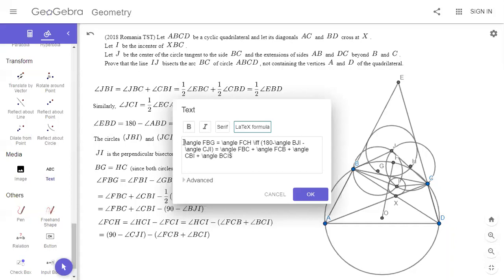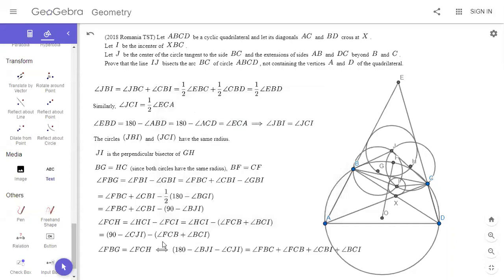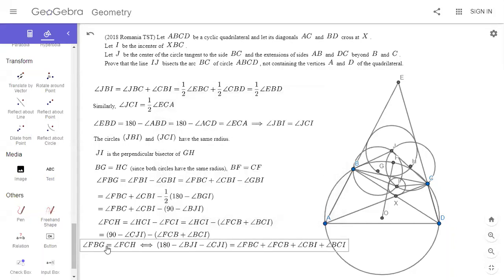Okay, so just doing a bunch of algebra on the spot. So those two angles are equal if and only if that's true. And that looks to be true by an angle chase. So let me just do a little stuff in my head, but I think that's really just an angle chase that shows that this is true.